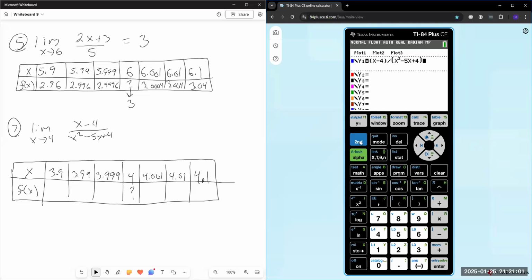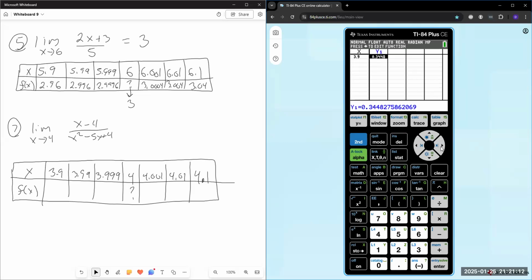Both of those get wrapped in parentheses. I go to my table, and coming from the left, 3.9 is a lot of decimal places. So I'm just going to go to a few decimal places here. It's about 0.345.